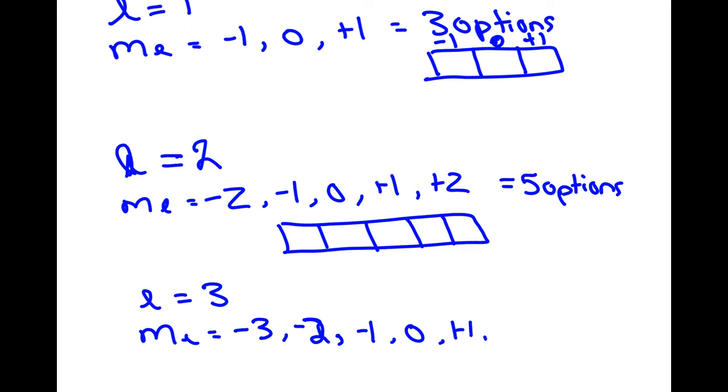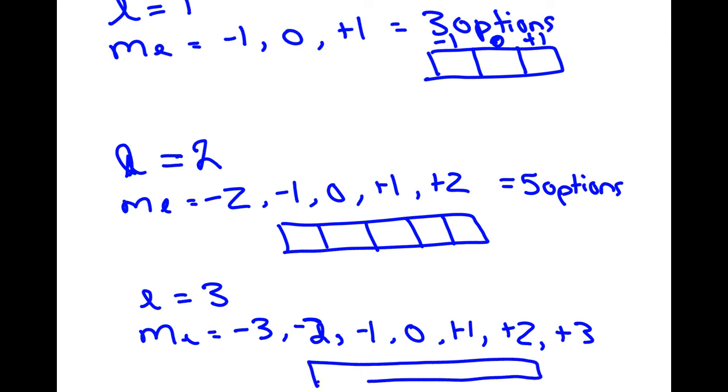So that's 7 options, which means you're going to have 7 boxes, or 7 orbitals. And just in case you've forgotten or aren't quite sure on this, these boxes are going to be labeled, again, starting from the smallest number to the biggest number.